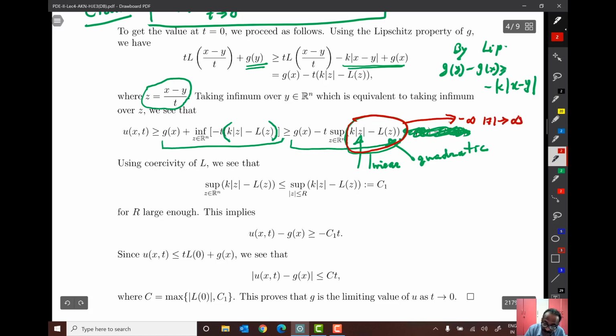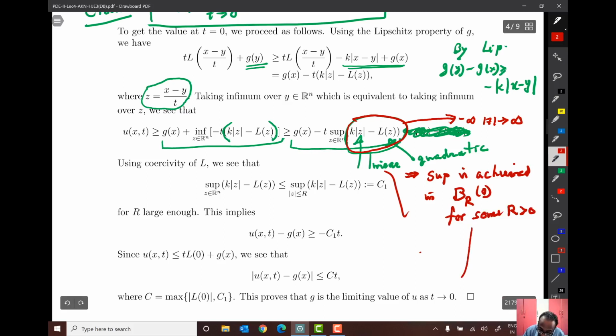What is the implication of that? The supremum cannot be achieved when |z| is large. So that means the supremum is achieved in a ball of radius r, in B_R(0) for some positive r. So we are looking for the supremum in a ball of radius r, and this r is fixed now.